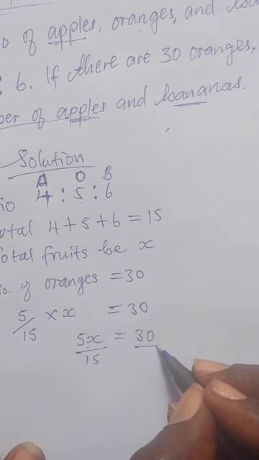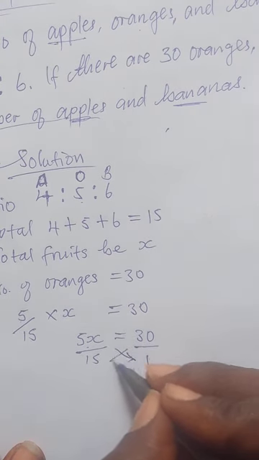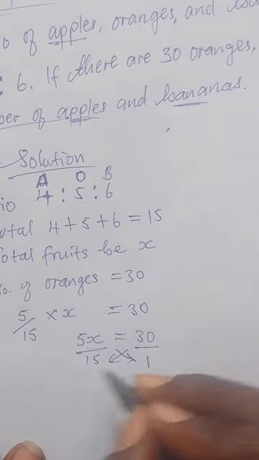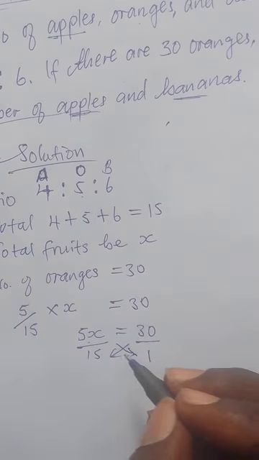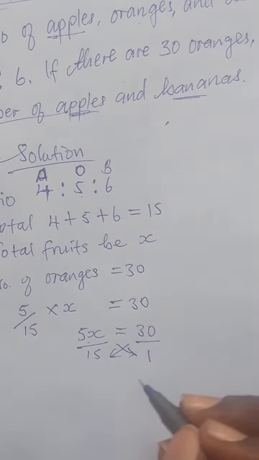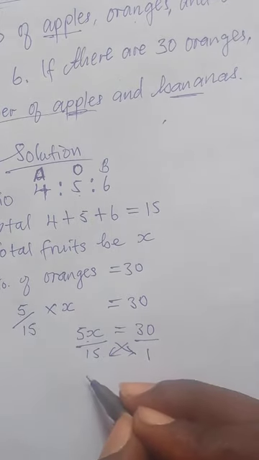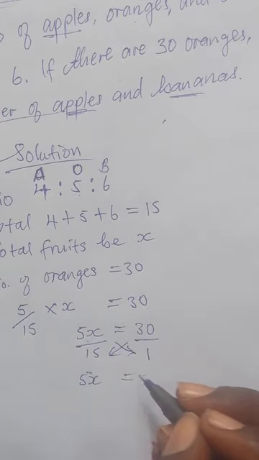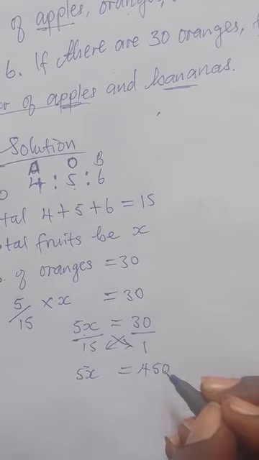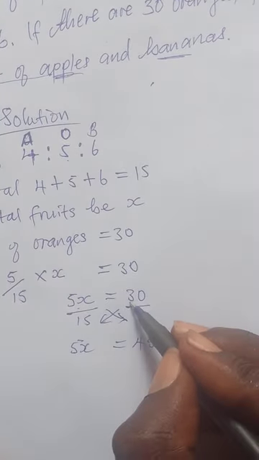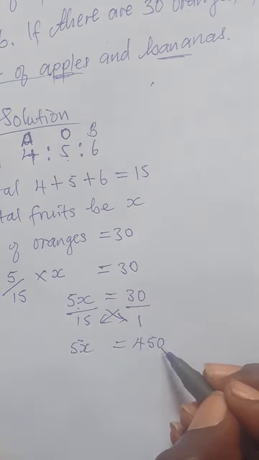So here, can you complete the fraction? Remember that when two fractions are on opposite sides of an equal to sign, the rule said we should cross multiply, and this is what I'm going to do. So we say 1 multiplied by 5x is 5x, and 15 times 30, I guess, is 450. How did I know? It's by multiplying 15 by 3, which is 45, and I added my 0.